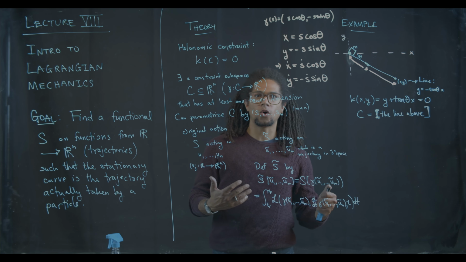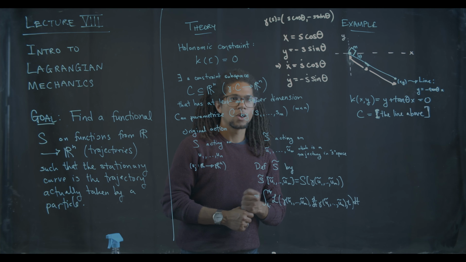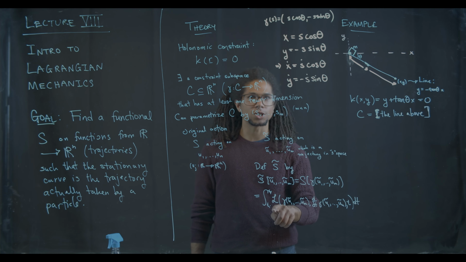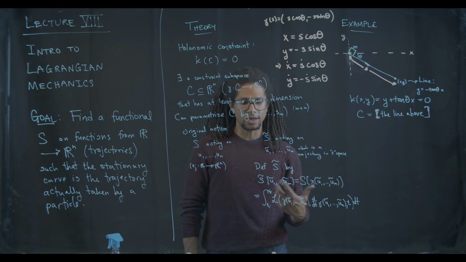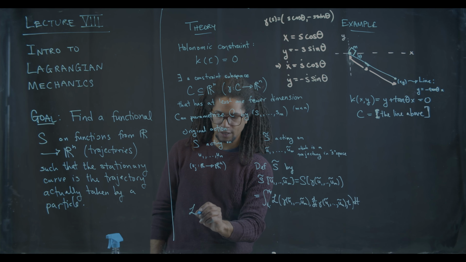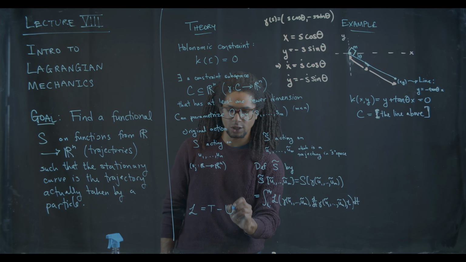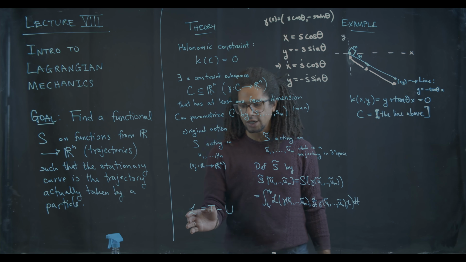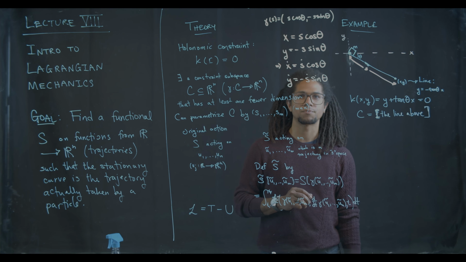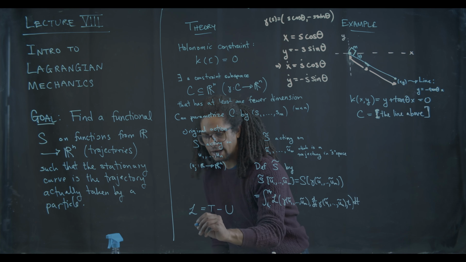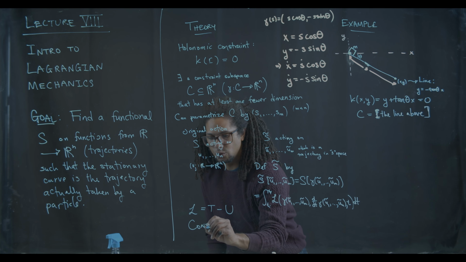Now, why does this all work? What is going on here? Well, the key is that the Lagrangian, even though my system is constrained, has not changed. That's because the Lagrangian is equal to T minus U. In other words, the Lagrangian depends on the kinetic energy and the potential energy of the system. The key here is that constraint forces do no work.